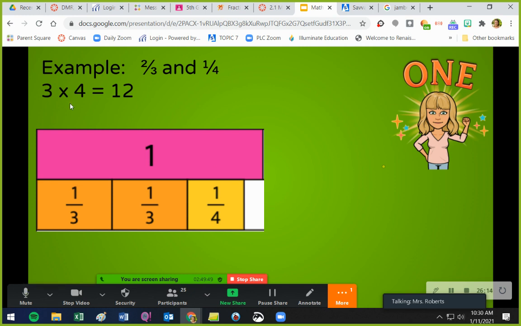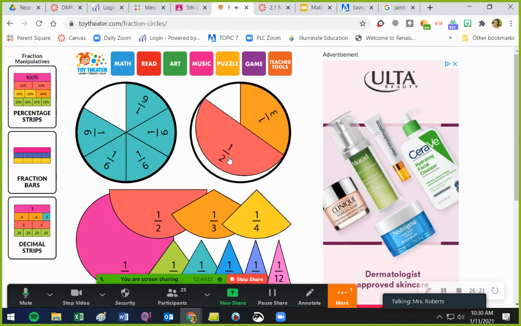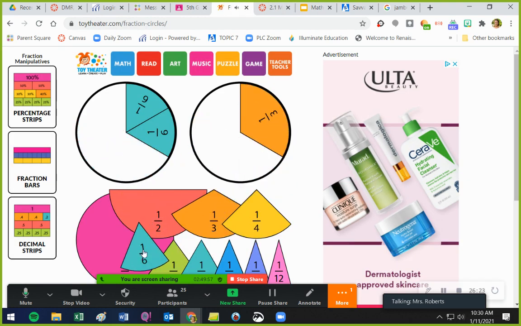The problem is right now they are different size pieces. So if I go back to my little fraction circles, they are different size pieces. So I'm trying to add 2/3 and 1/4. You can see we're really close to 1 whole, but they're different size pieces.